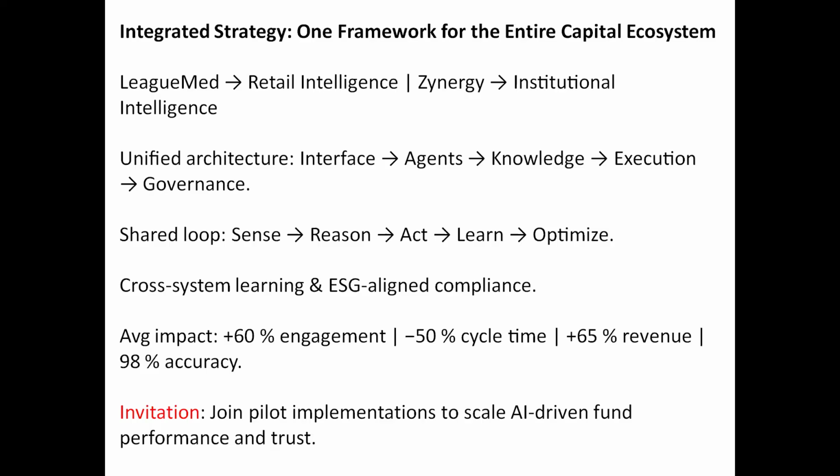And then, for example, I'm targeting the private equity and venture capital ecosystem to address the most significant questions and challenges, and through this agentic implementation, different outcomes. Normalized, for example, the average impact is 60% engagement plus, reduced cycle time, and increased revenue and accuracy.